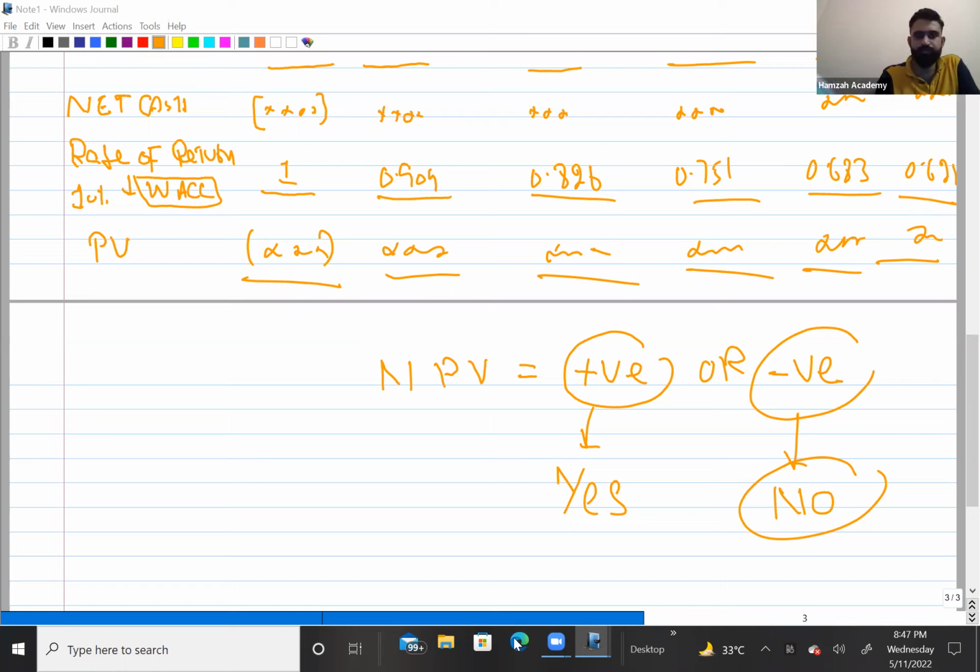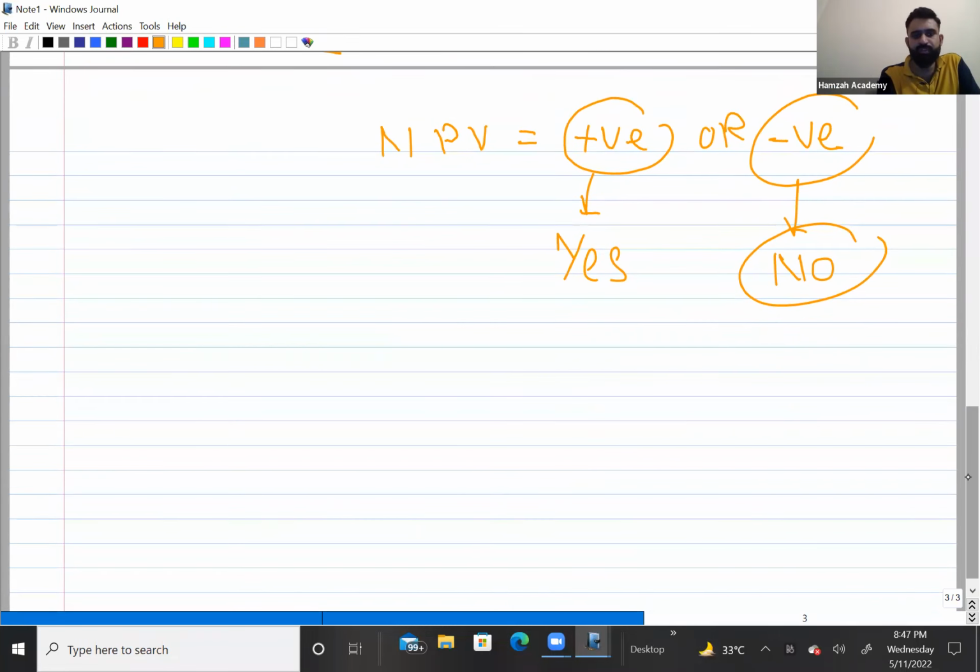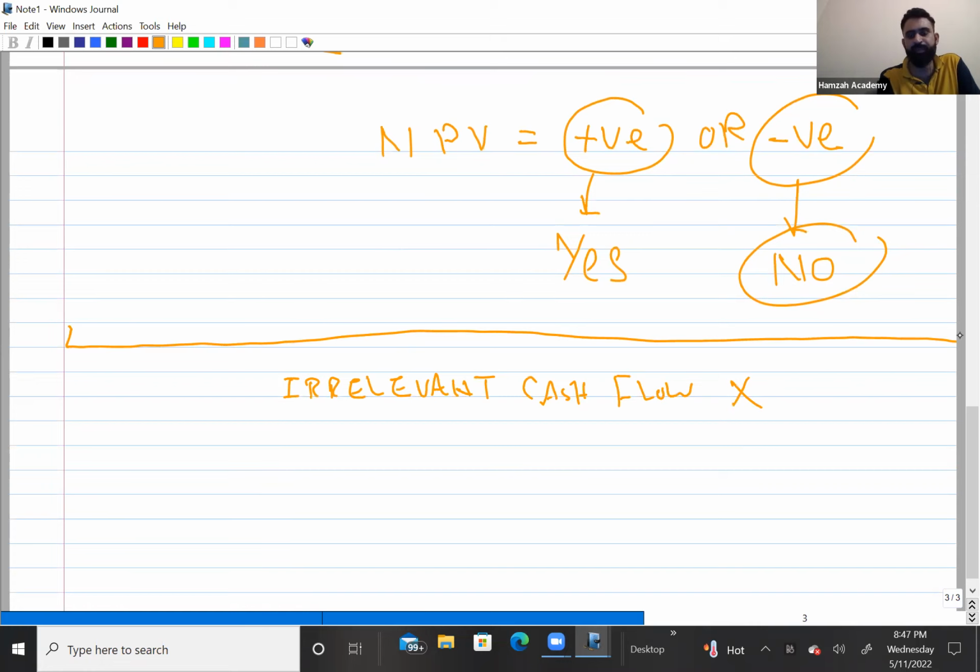Okay, now some points to be noted. We will not consider any irrelevant cash flows in the calculation of net present value.